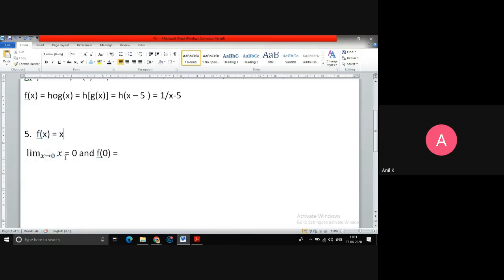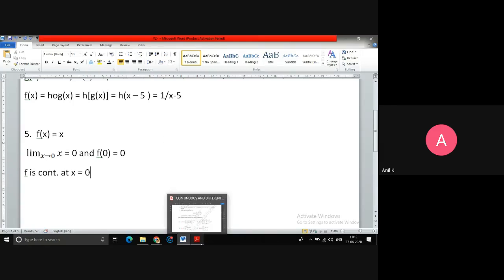Now the limit as x tends to 0 of f of x, I replace as x. So that value is going to be 0. Even if I find f of 0, f of 0 is also coming as 0. So the limit value and the functional value are both the same. Hence, f is continuous at x equals 0.